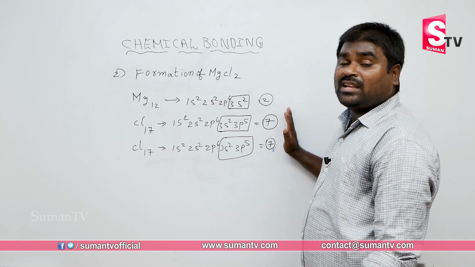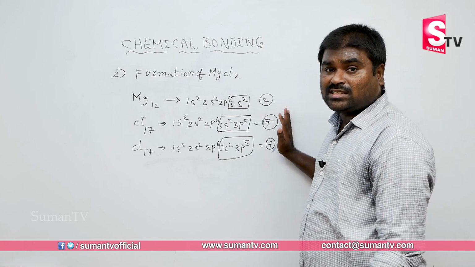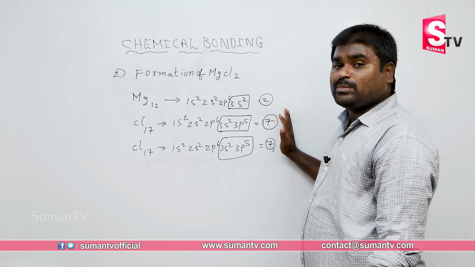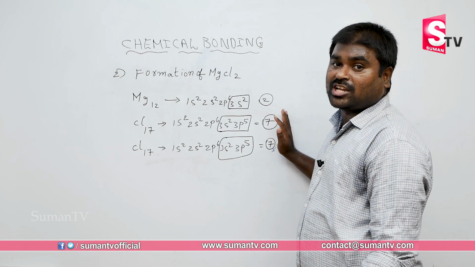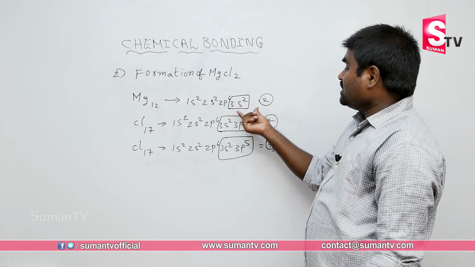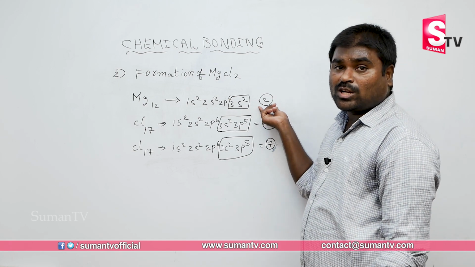From where will we take the 2 electrons, children? Non-metals, the P block elements, are acceptors, so we will take electrons from the metal side, which is magnesium, having 2 electrons.